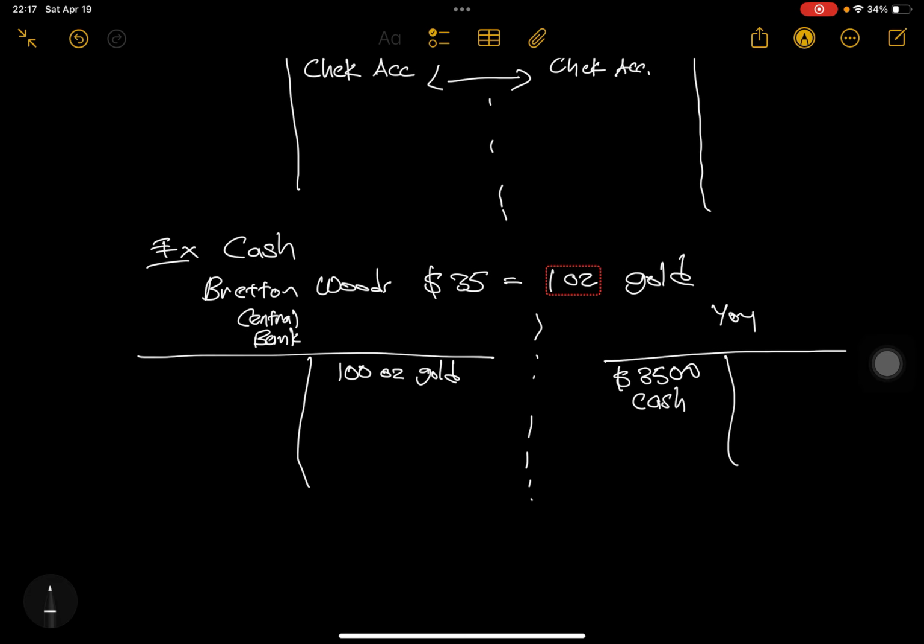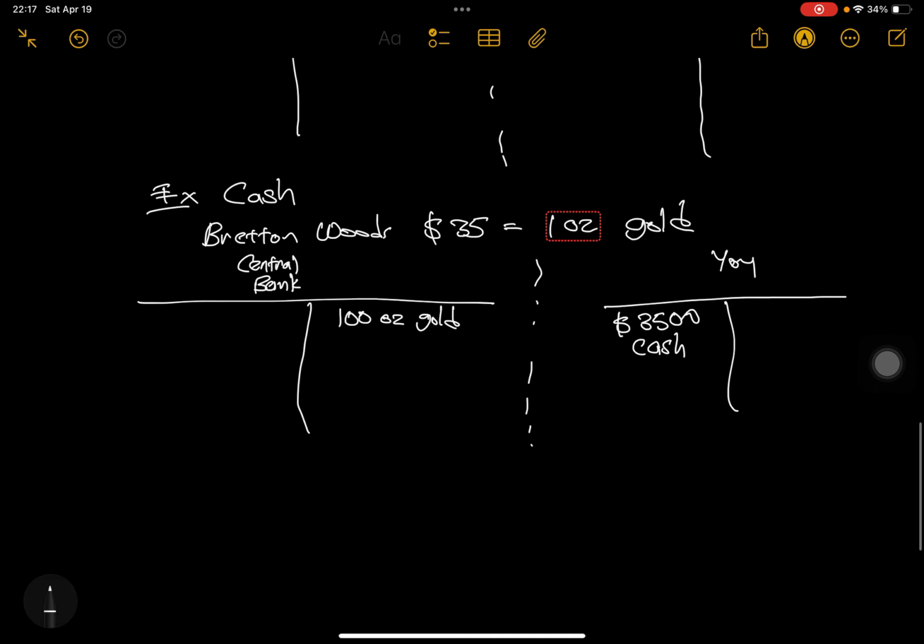So maybe you would say, actually, now, post-Bretton Woods, or let's say post-gold standard, what is the liability? And this is a really good question.